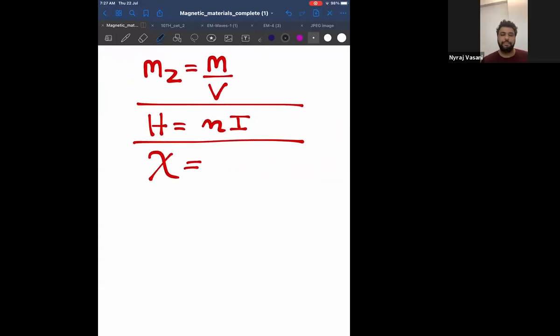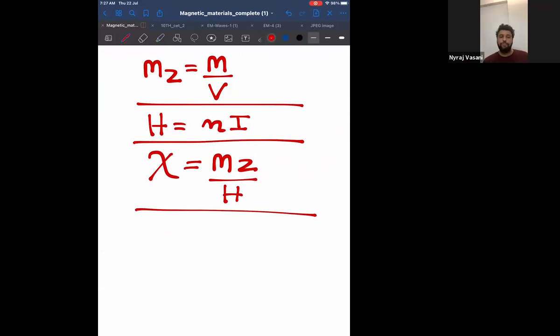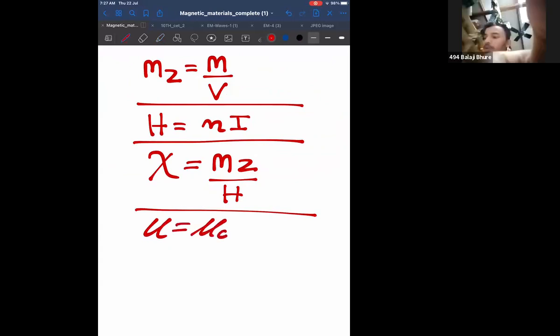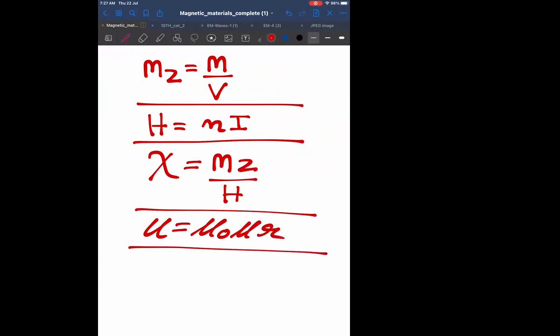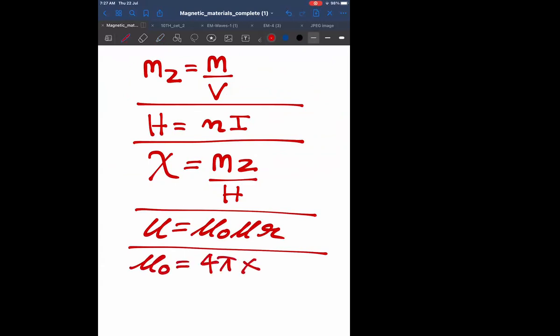Now tell me, susceptibility formula. Magnetization by magnetic field intensity. Now, what is the formula for total permeability? Mu is equal to mu naught into mu r. Now, mu naught formula: 4 pi into 10 raised to negative 7.